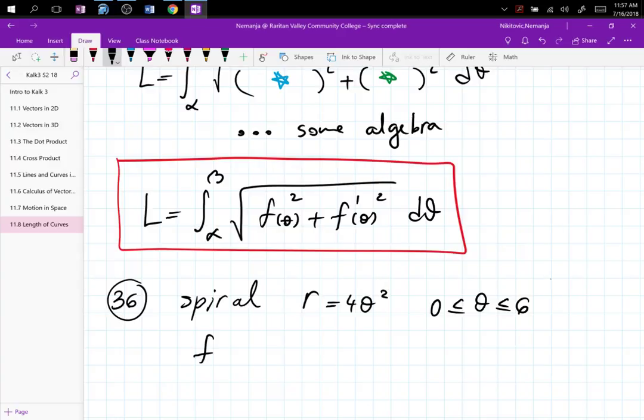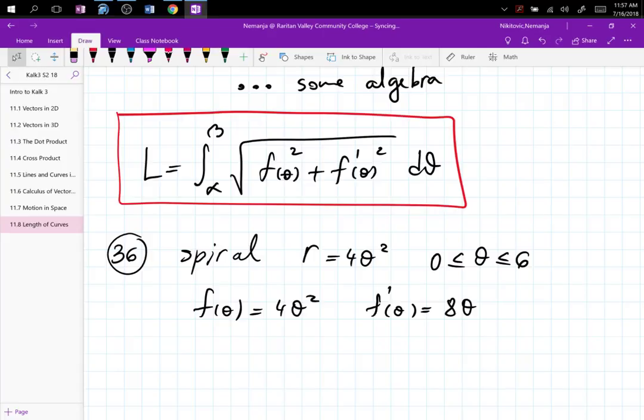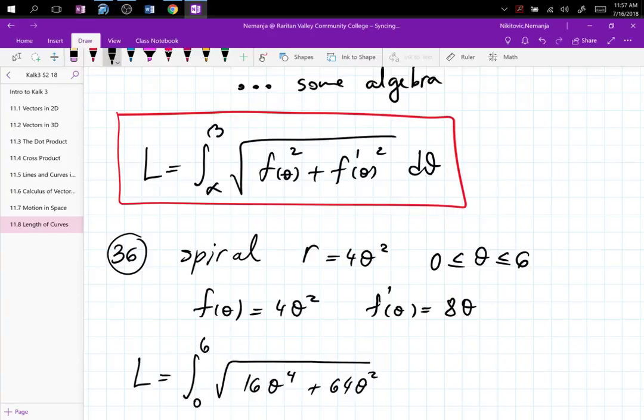Well, your f of theta is given as 4 theta squared. Your f prime of theta is going to be 8 theta. And now you have to square both of these and plug them inside. So we have 0 to 6 radians, square root of f squared, which is 16 theta to the 4th, plus 64 theta squared, and then we have d theta.